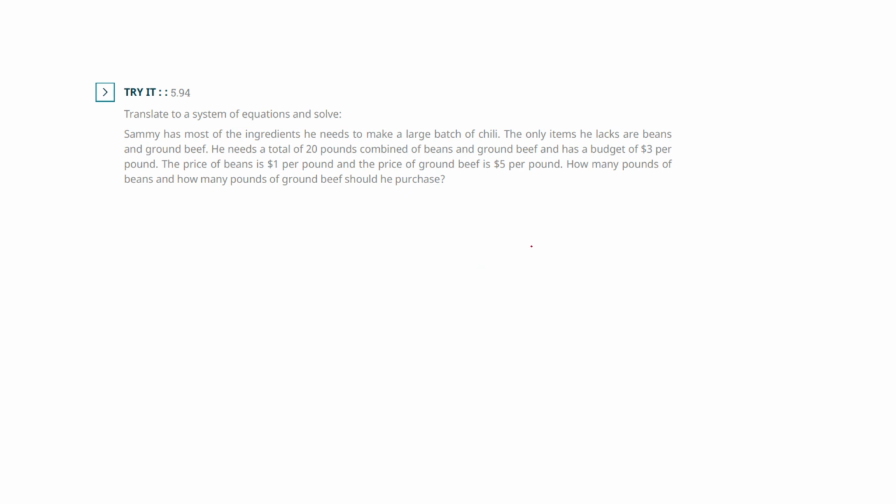Okay, same thing here. So I've got the beans, and I've got the ground beef. So this is pounds of each. That's going to be my x. This is going to be my y. So he's going to put those together to make 20 pounds. So beans are $1 per pound.